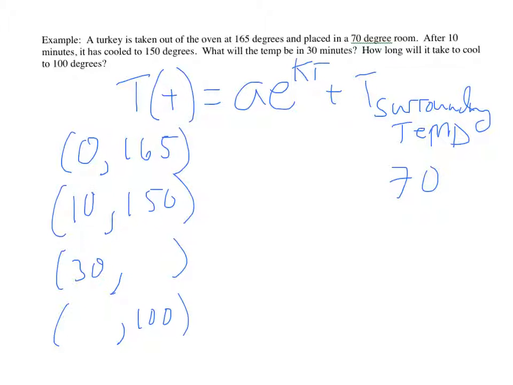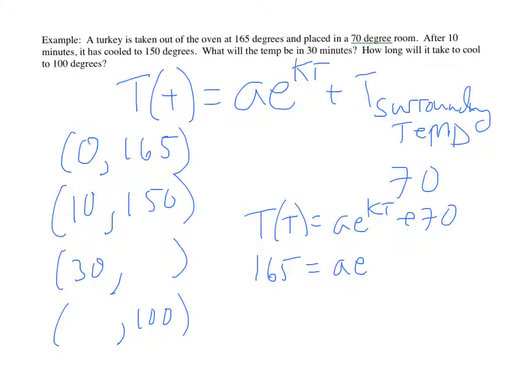So I know at time 0 the temperature is 165, and I can set this up as a e to the kt plus 70. So I've got to find a. Well, I know at time 0 it's 165. So 165 equals a e to the k times 0, plus 70.